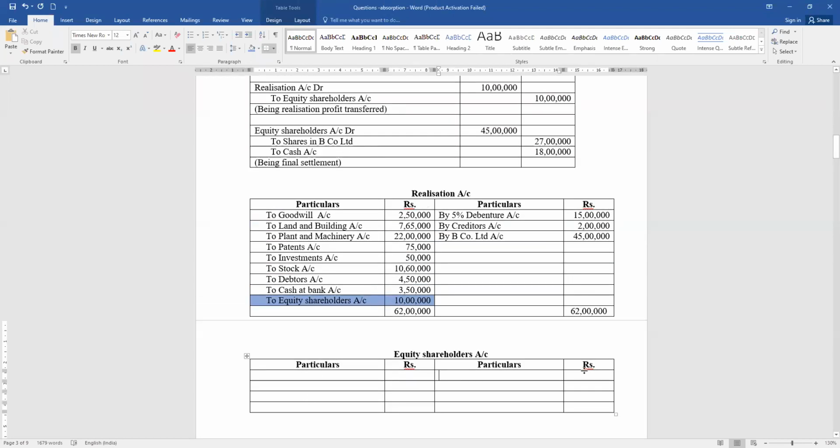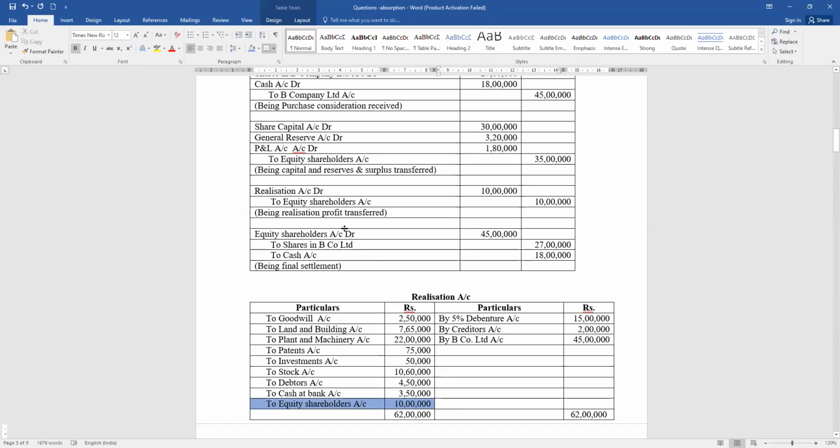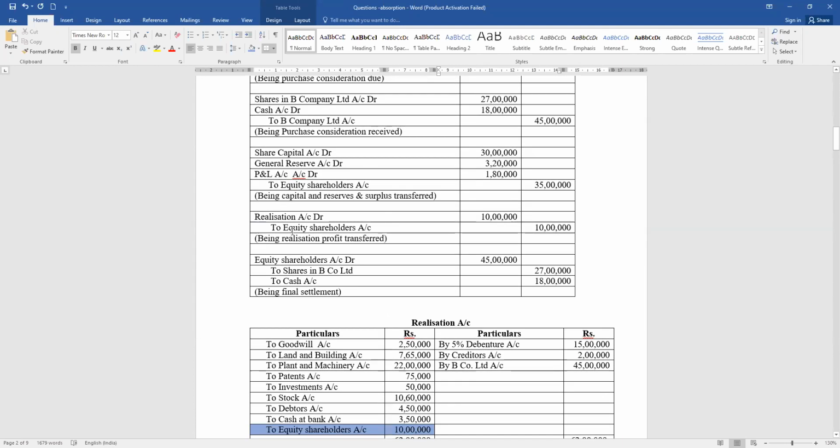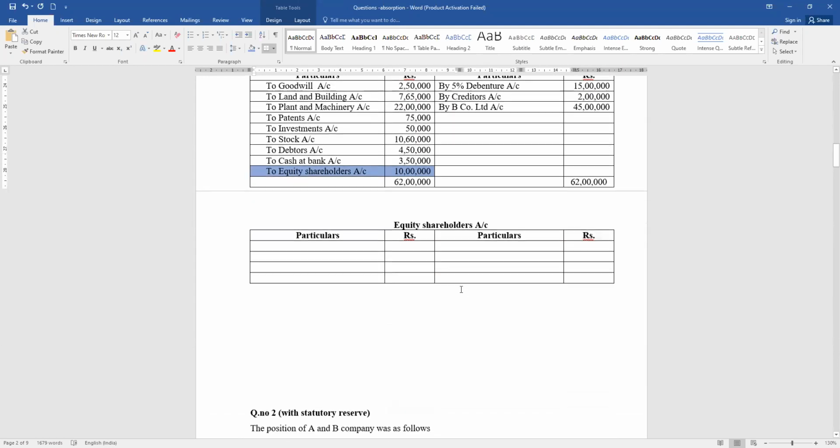Here, first you have to transfer whatever the share capital, general reserve, P&L account, everything you have to transfer in the credit side. Because assets and liabilities you have transferred to realization, and what is left out is capital and reserves and surplus, that you are going to transfer in the credit side.